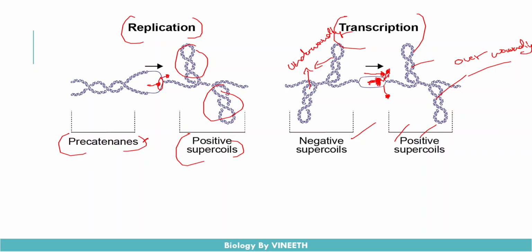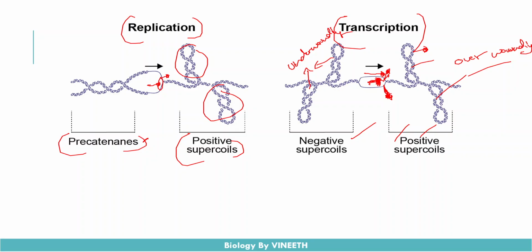This kind of pulling develops a lot of strain on the DNA molecule, so to compensate for this strain, the DNA overwinds itself, or further coils itself, to look like a supercoiled DNA. So this is about the supercoils.